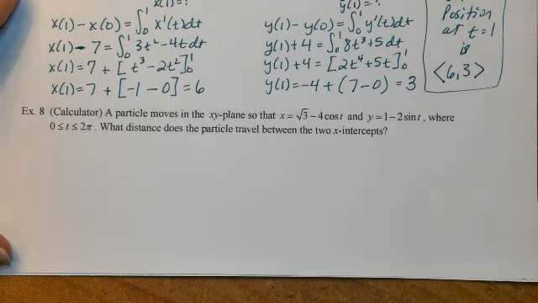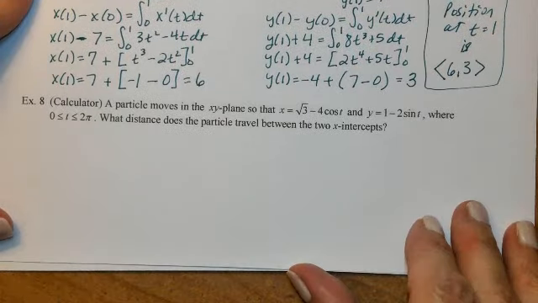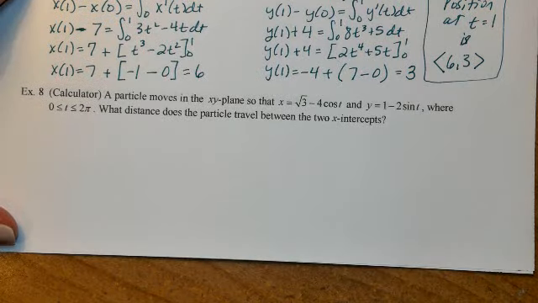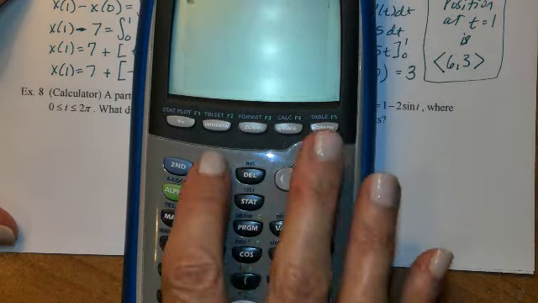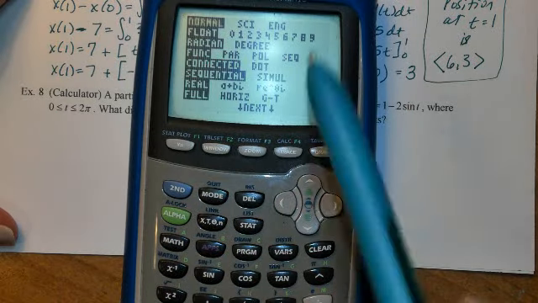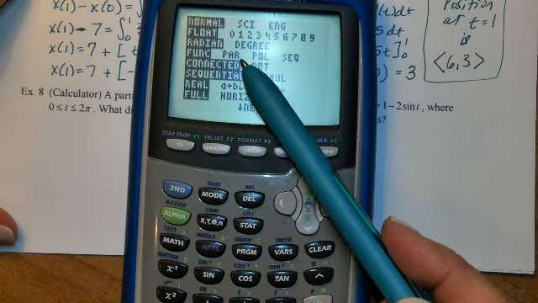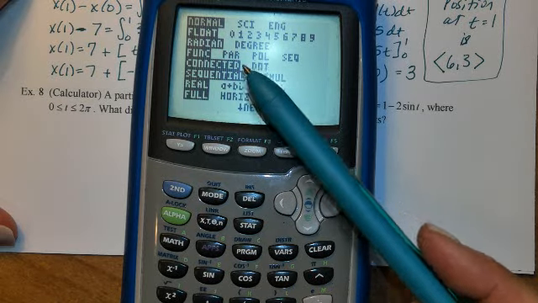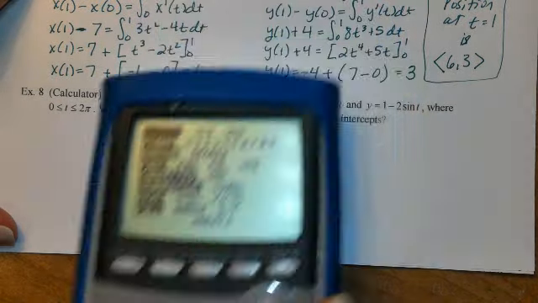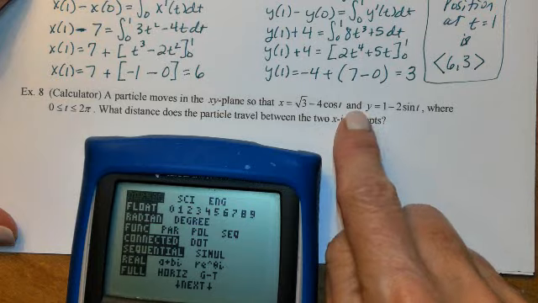All right, now I will tell you that your calculator has a mode for parametrics, okay? The only time that you would go to parametric mode is if you just couldn't stand it and you had to see the curve.